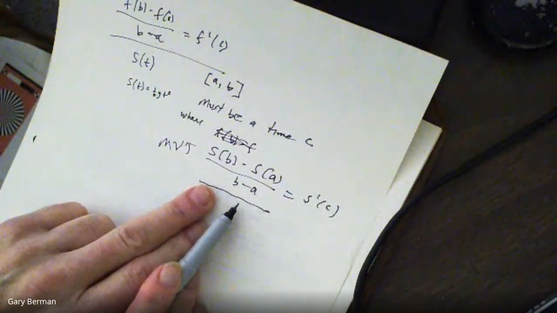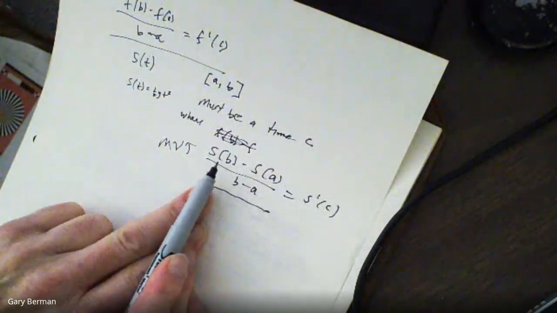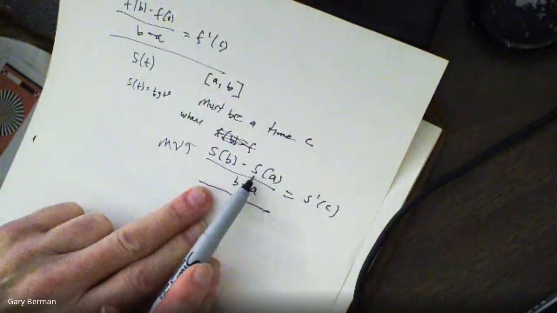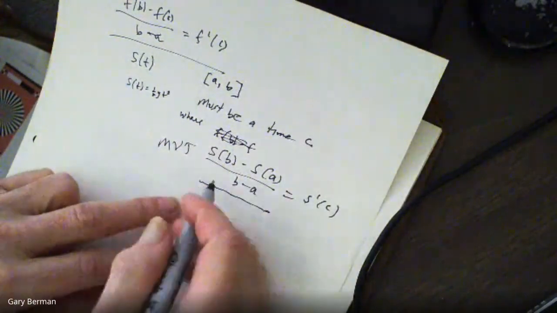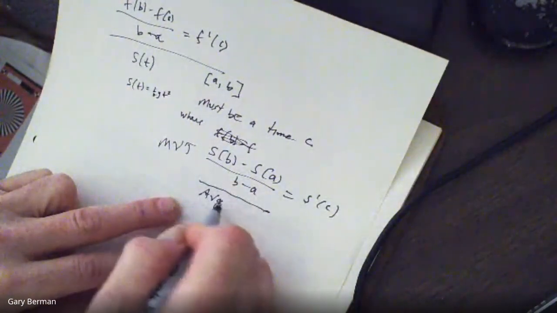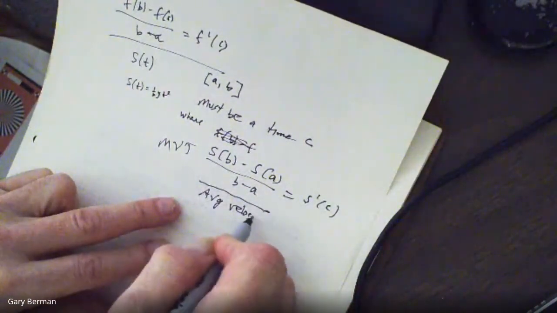This represents your average velocity from time a to time b, right? It's the change of distance, s of b minus s of a, divided by the change in time. So this side is the average velocity.